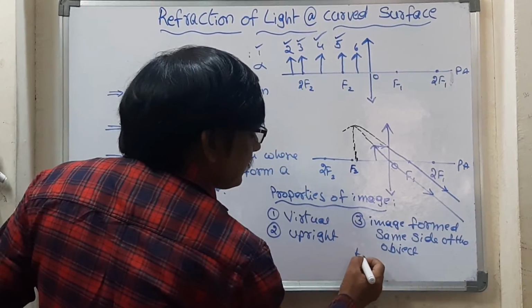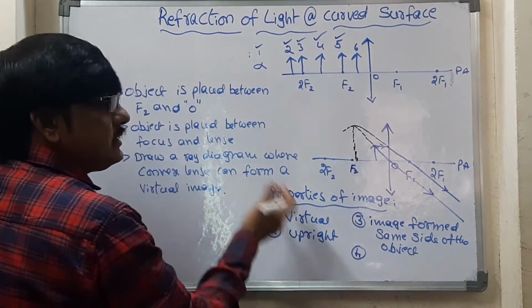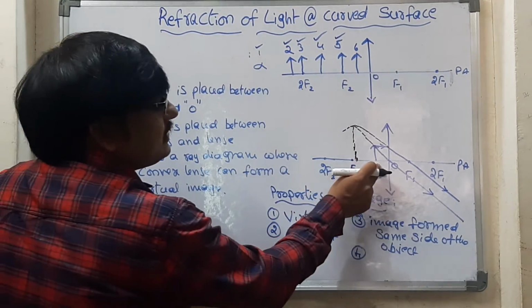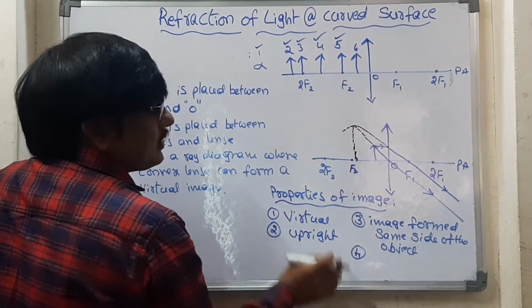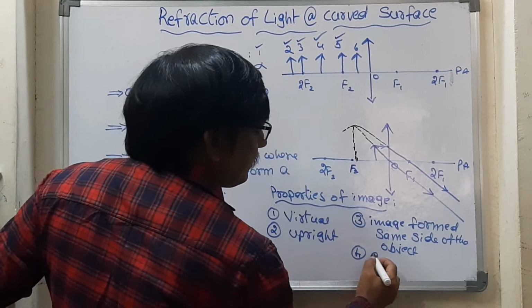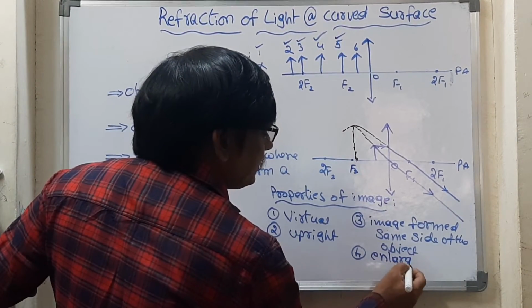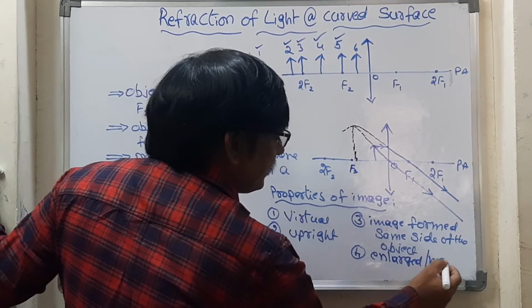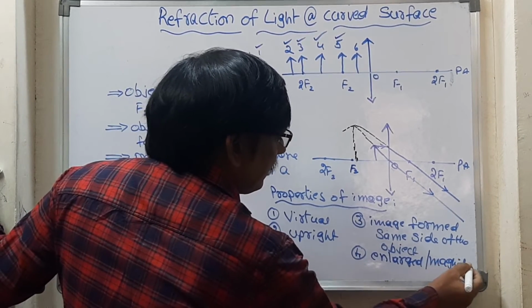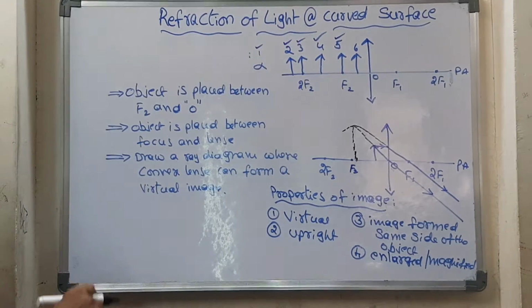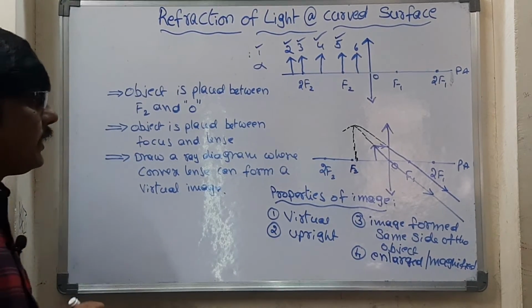And the fourth one is the size of the image. Very easily, it appears larger than the object. This is the object and this is the image, and so the image is enlarged. We get an enlarged or magnified image.